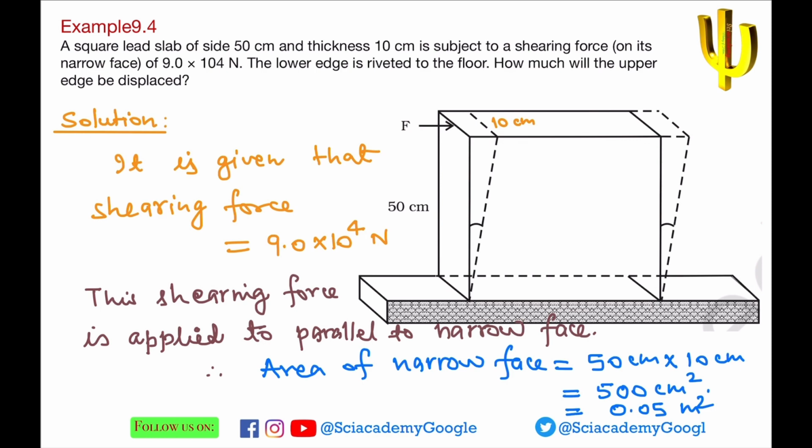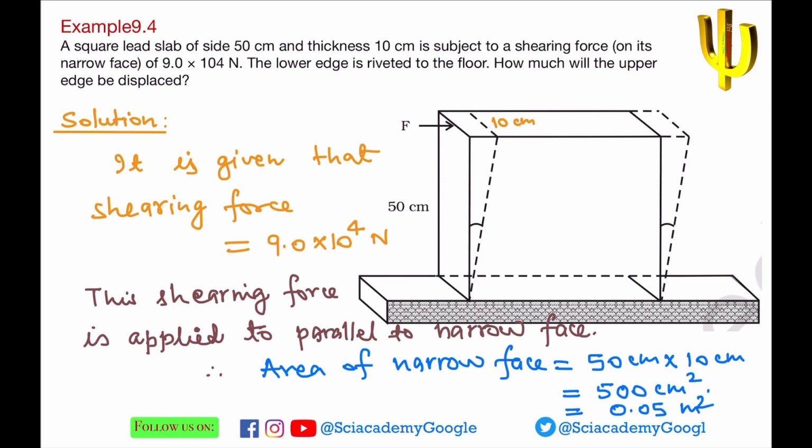So force is being applied on the narrow face, this face. Because of this, the slab will be displaced a little bit, and we have to calculate this displacement. So let us solve the problem.